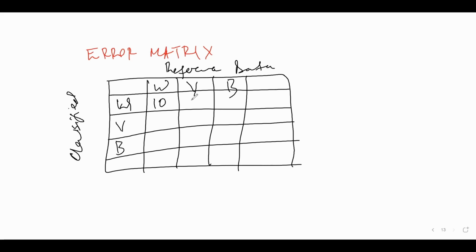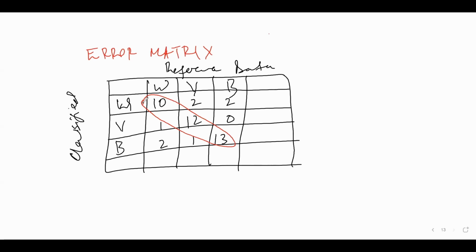We may have had 2 pixels which were water, but on the ground we found it was vegetation, and maybe 2. As you will appreciate, the diagonal values represent correctly classified pixels, and off diagonals give us a measure of error.